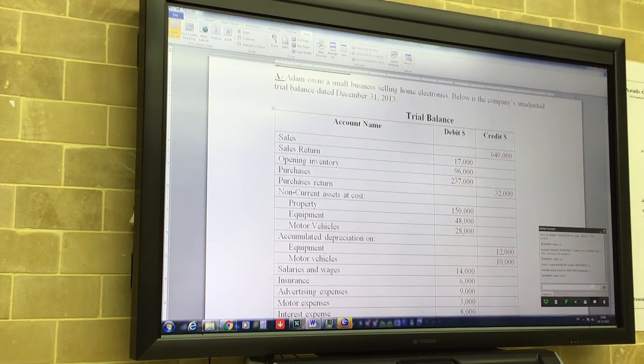So now we have two numbers. We need the third number, net purchases. What does net purchases mean?